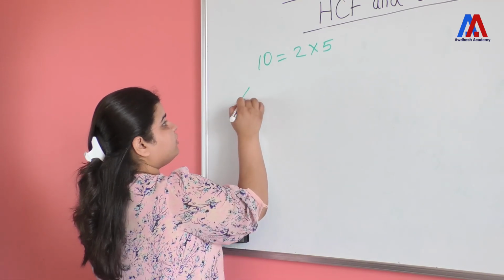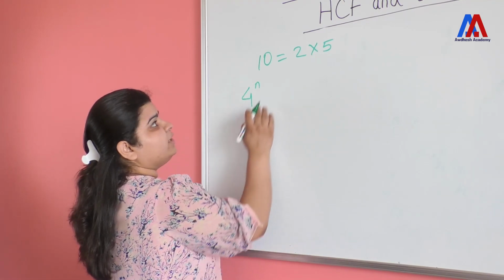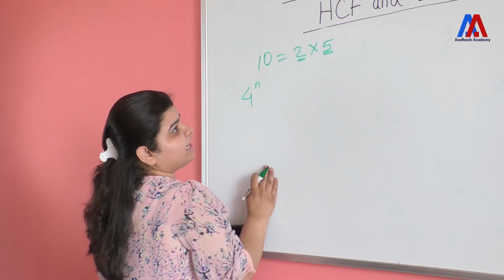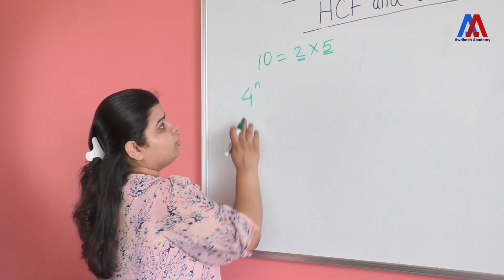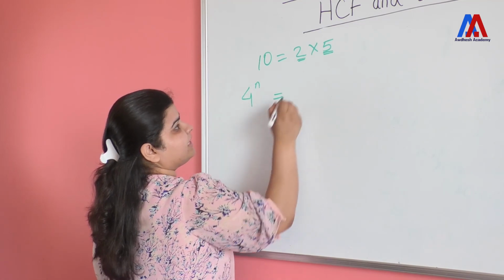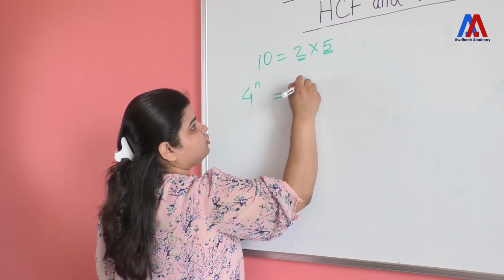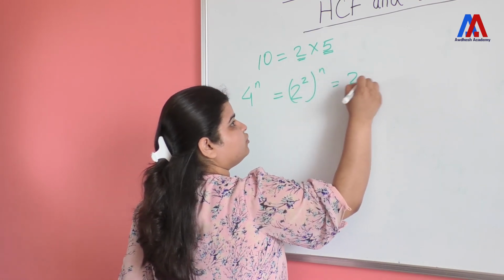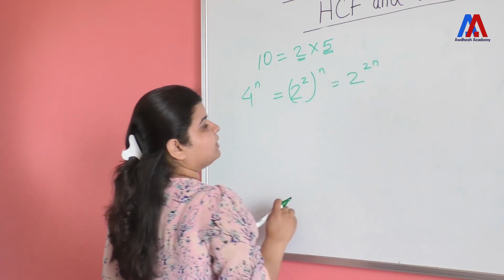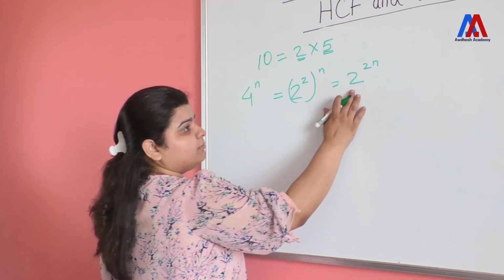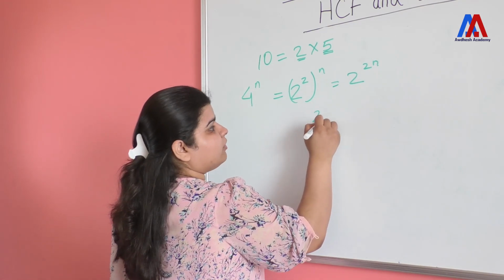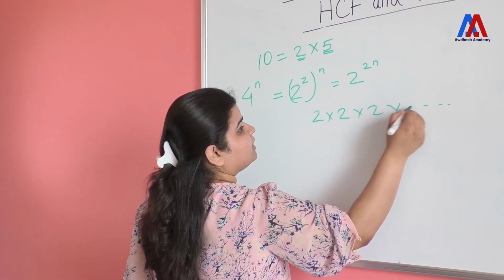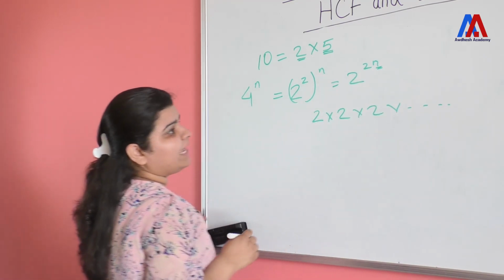Now for 4 raised to the power n to end with 0, we must have a 2 and a 5 at least. Now 4 raised to the power n can be written as 2 square raised to the power n or 2 raised to the power 2n, which means the numbers of this form will be of 2 into 2 into 2 and so on, depending on the number of n.